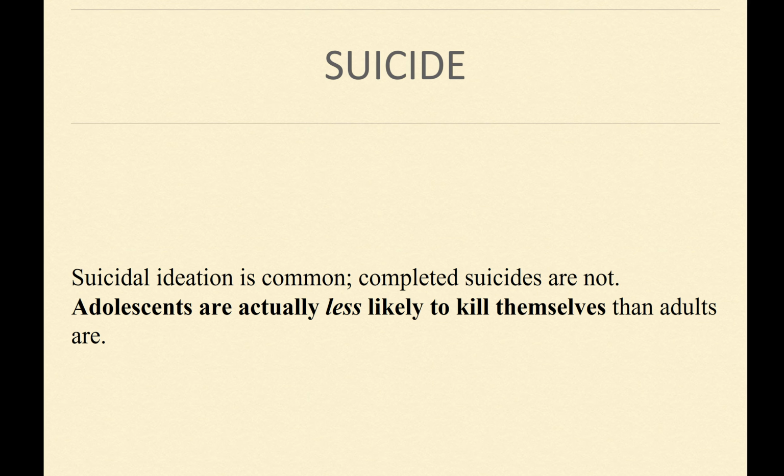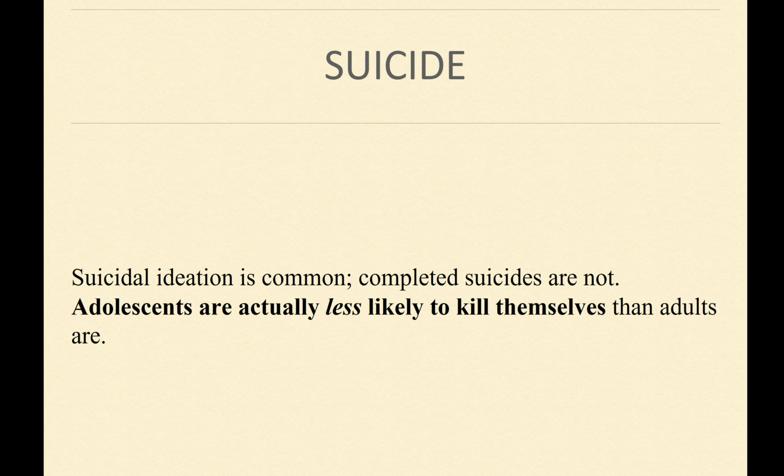Statistically, adolescents are actually less likely to kill themselves than adults are. The highest rates of suicide in the population are actually older Caucasian males. They tend to be more likely to commit suicide, although females tend to be more likely to attempt suicide. But Caucasian males tend to be more likely to complete suicide, and adolescents tend to be less likely overall to complete suicide than adults.